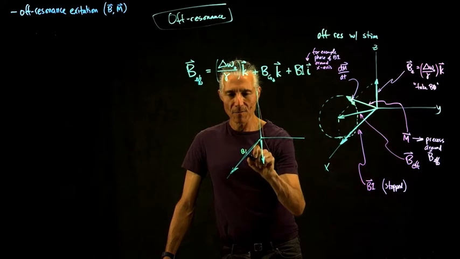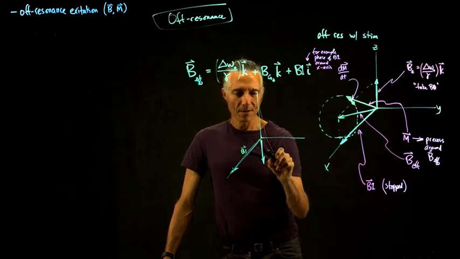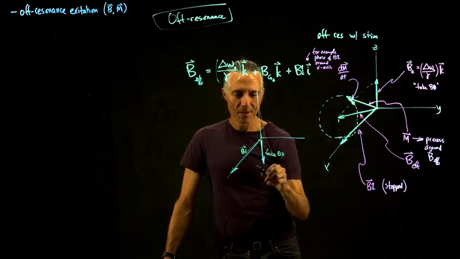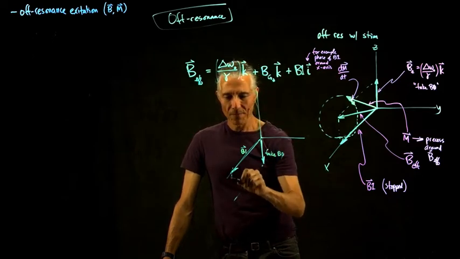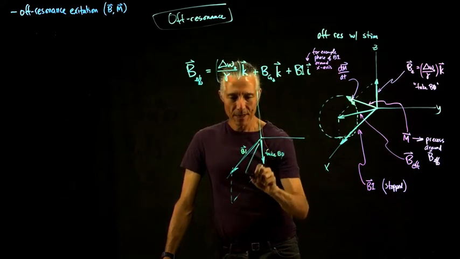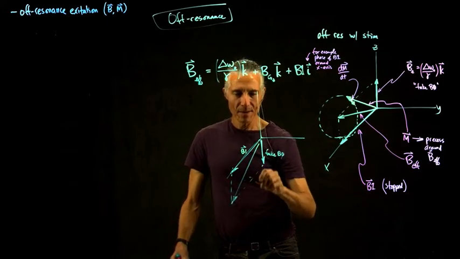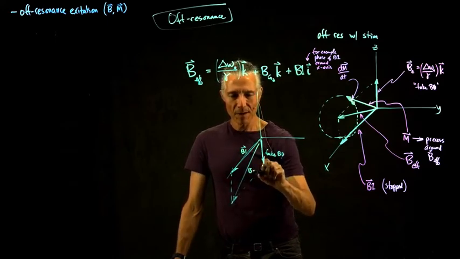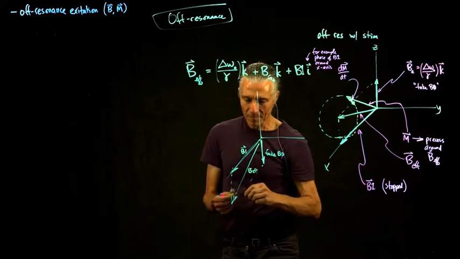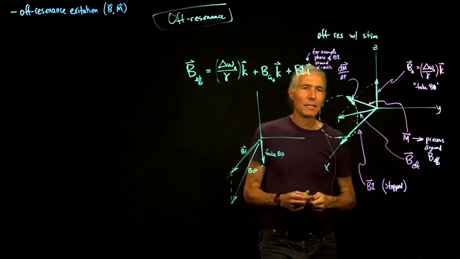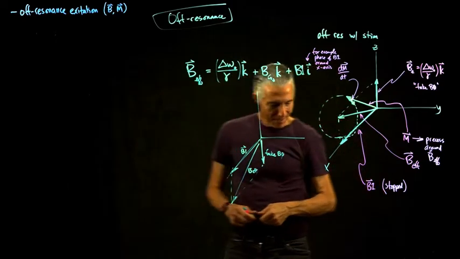So here's our B1, here's our fake B0. We add that on and we would get a B effective that was down this way. Now what'll happen if we add an M vector into that?